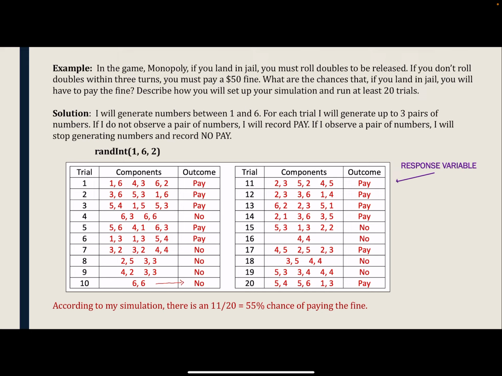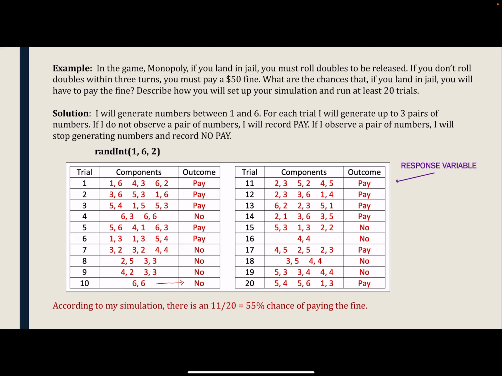So I'm going to say no. And then the question is, according to the simulation, what's the probability that I have to pay the fine? So I use the randint command in my calculator. I'm generating numbers between 1 and 6, and I want 2 numbers at a time. So I did this again with 3 pairs, up to 3 pairs for each of the 20 trials, and recorded the outcome.